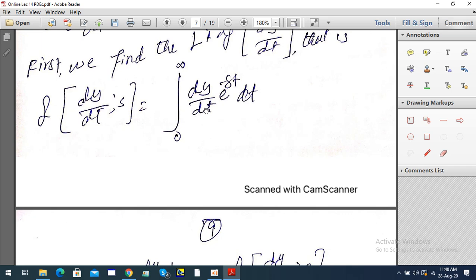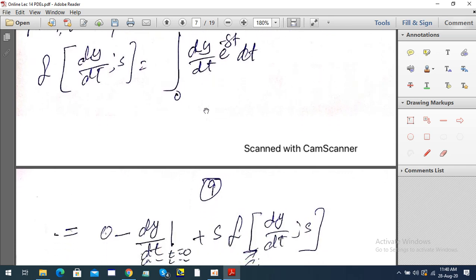We have two terms in the product, so we apply the procedure of integration by parts. We solve this integral by parts because you have to decide which will be the first one and which will be the second one, for which we apply the derivative and for which we apply the integral.